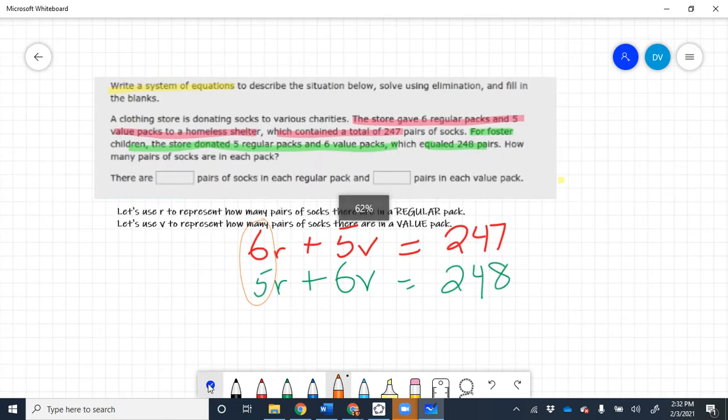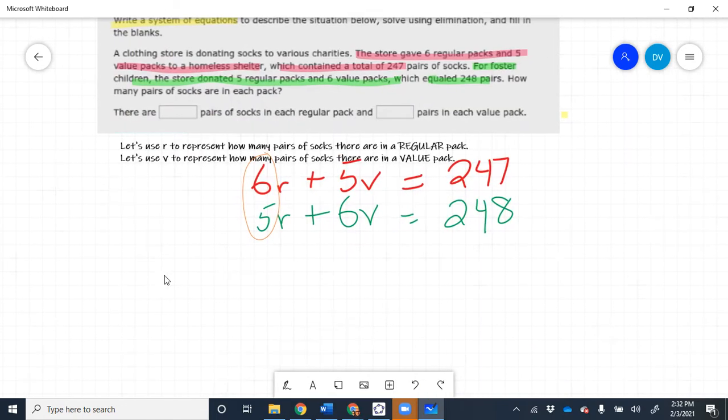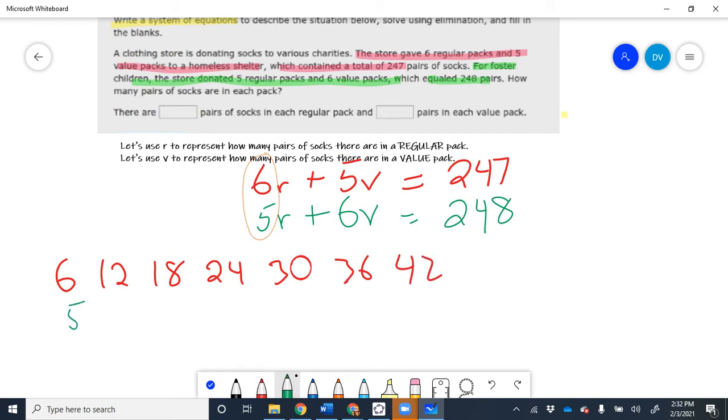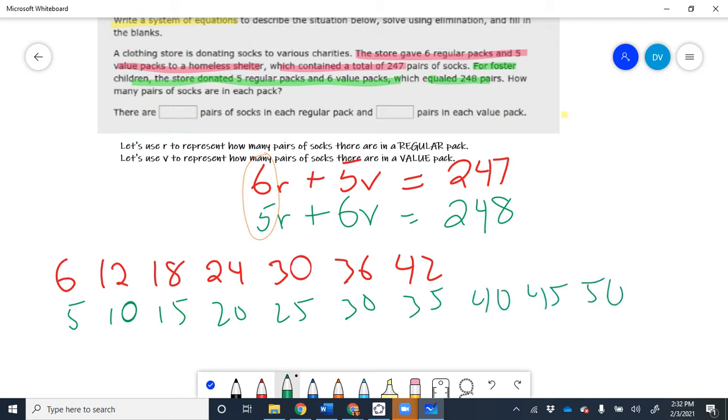If we write the multiples of 6, I'll do them in red: 6, 12, 6 times 3 is 18, and then 24, and then 30, and then 36. You don't have to go too much further, 42. If you write the multiples of 5: 5, 10, 15, 20, 25, 30, 35, 40, 45, 50.